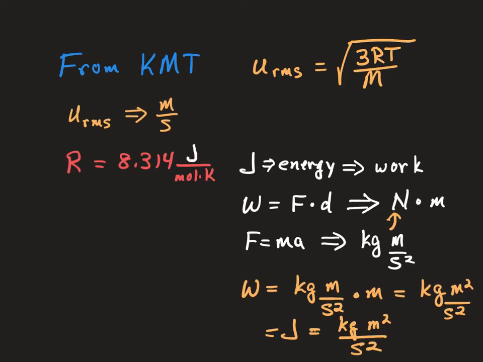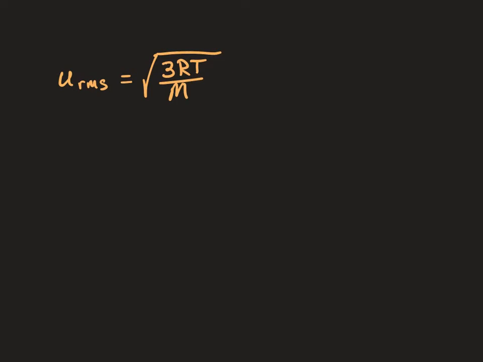So the joule is equal to units of kilograms meters squared per second squared. So let's look at our equation here in terms of units, because this is the thing we haven't addressed yet. Let's move to a new sheet. Let's look at a unit analysis of this. The root mean squared velocity has to be in meters per second. And inside here there's a 3, which doesn't have units.